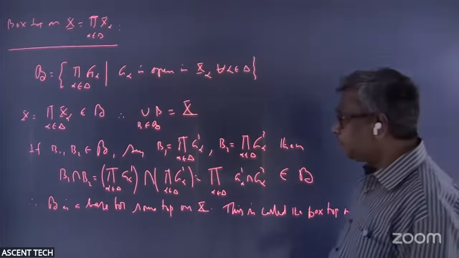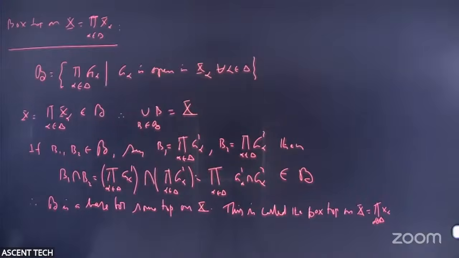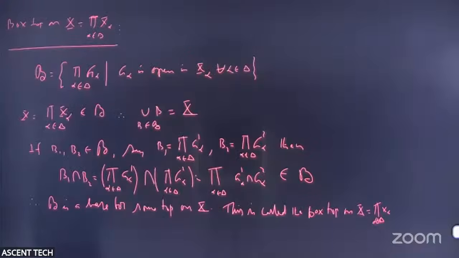Box topology does give you interesting counterexamples for several things, but one will ask, this is also a very nice topology, why are you biased towards the product topology, not the box topology? Let us see. There are some things that we naturally expect from the product space that the box topology actually lacks. It lacks some of the basic things you are hoping for in a product space, as you will see.